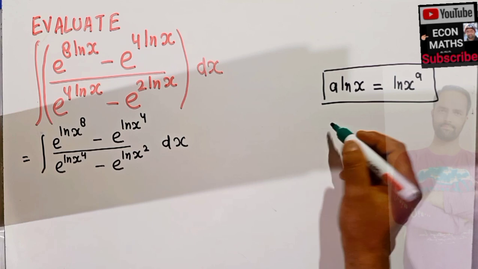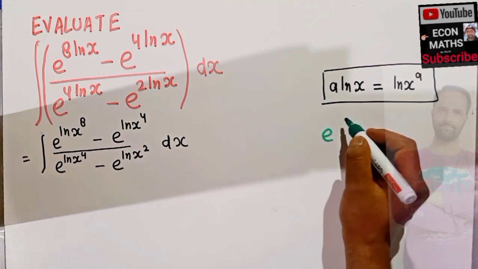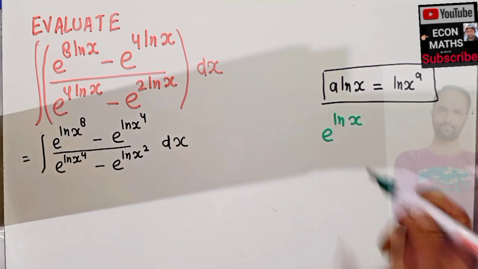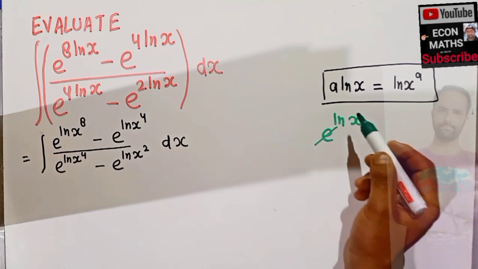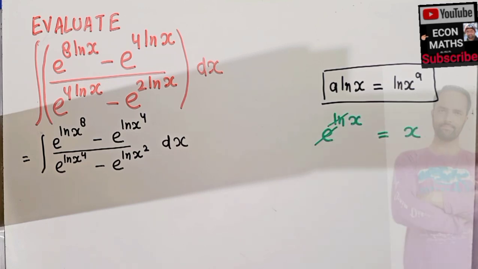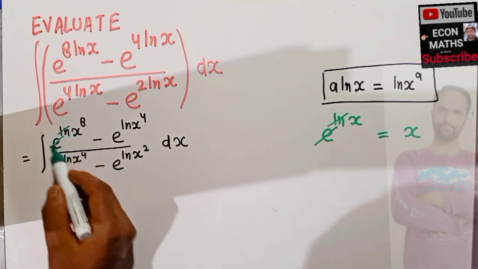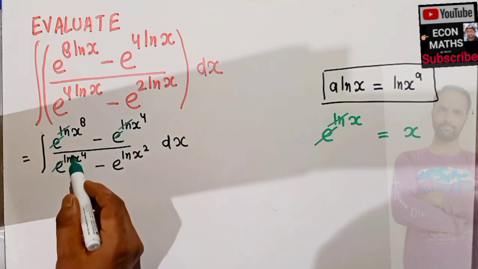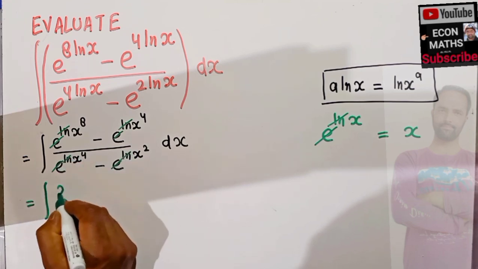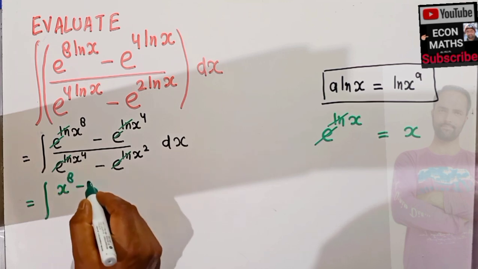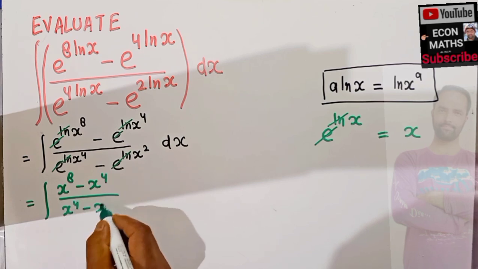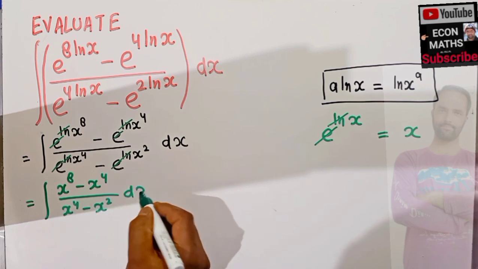Another property is, if we have e to the power ln x, this Euler's number and this natural log get cancelled and we are left with x only. So here e and ln get cancelled in each of these terms, and we are left with x^8 minus x^4 divided by x^4 minus x^2, and we have to evaluate it with respect to x.